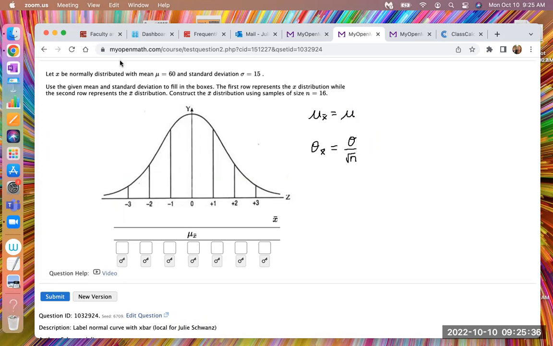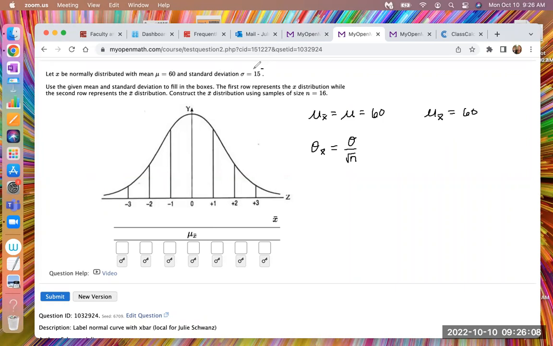So they said let X be normally distributed with mean 60. So this mu without the sub X bar is equal to 60. That means the mean of the sampling distribution of the sample mean is also 60.